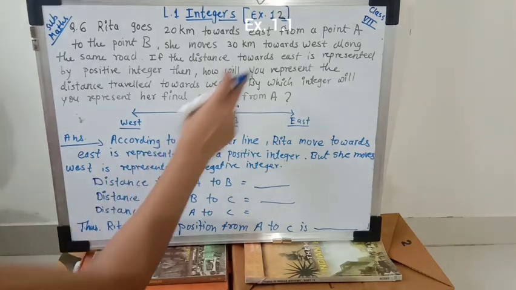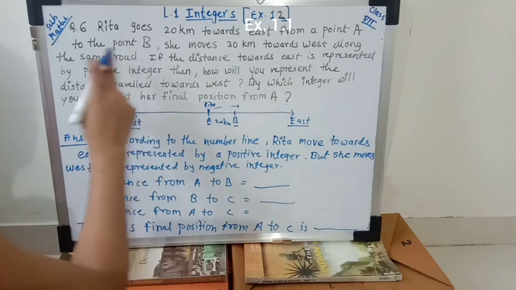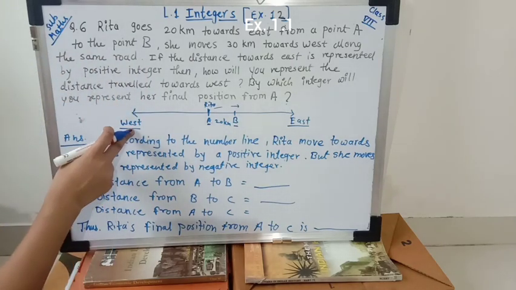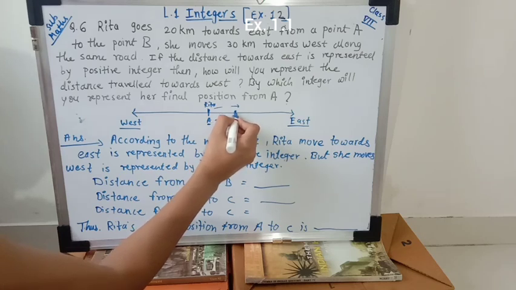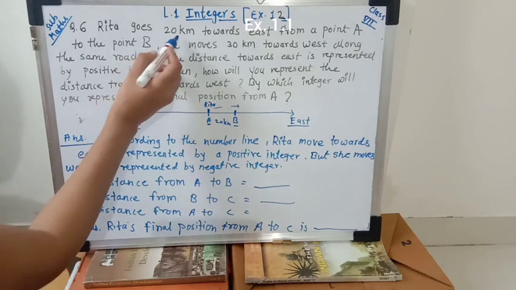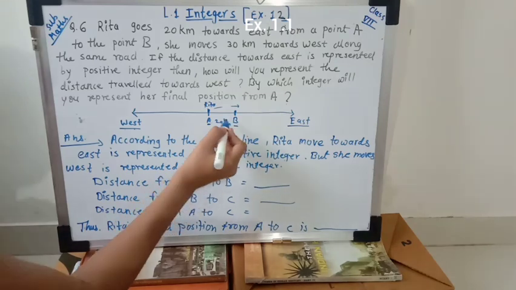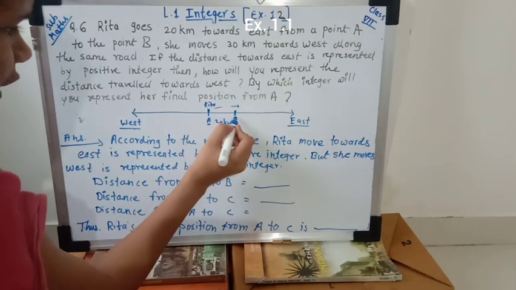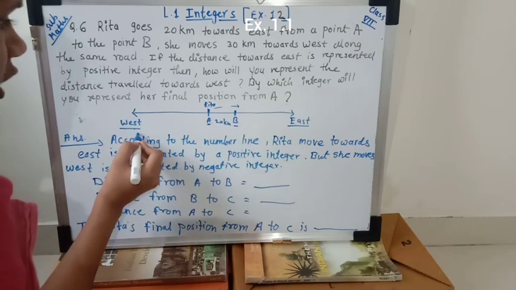And she moves 30 kilometer towards west along the same road. So here is the west. After completing 20 kilometer, from point B, she moves towards the west. And how much distance she covered? That is 30 kilometer. Means the distance from A to B is less than the distance which she covered when she moves towards the west.